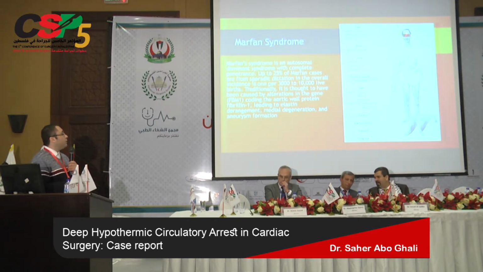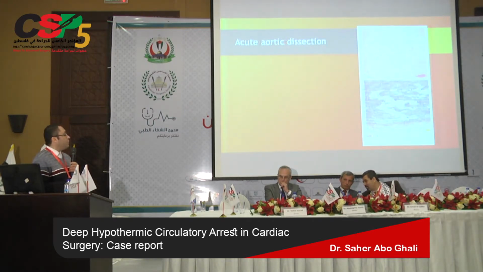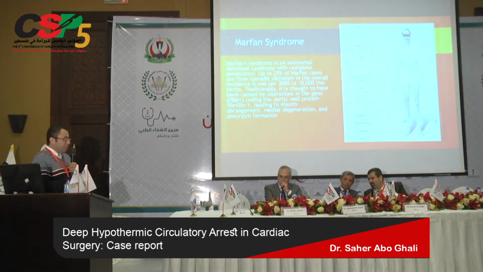He has problems in the eye, lens dislocation. He has arachnodactyly. He had problems in the mitral valve and an ascending aortic aneurysm. Marfan syndrome is caused by a mutation in the FBN1 gene, fibrillin, on chromosome 15.